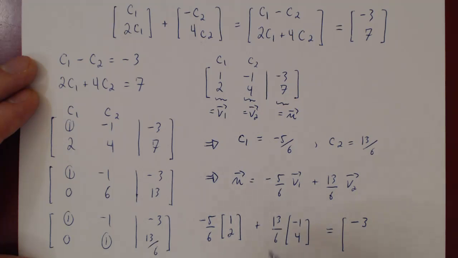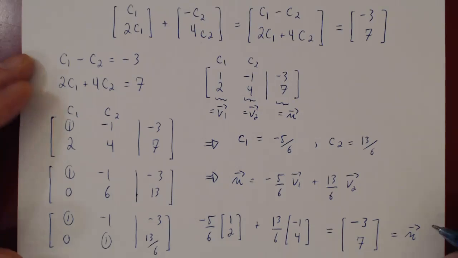Oh, sorry, negative 10, sorry. Negative 10 plus 52 gives us 42. 42 over 6 is positive 7. There you go. And this is, as we had hoped, vector u.